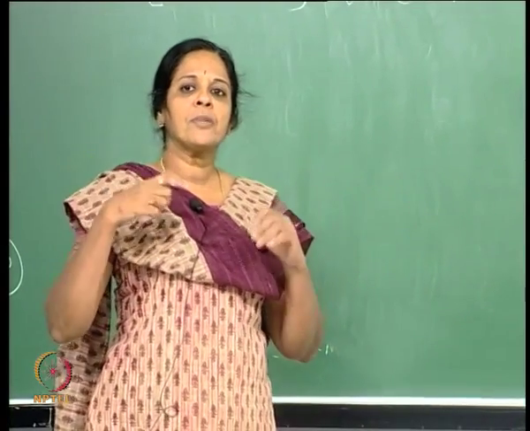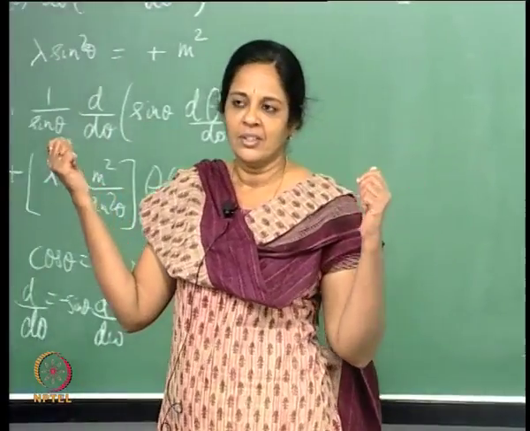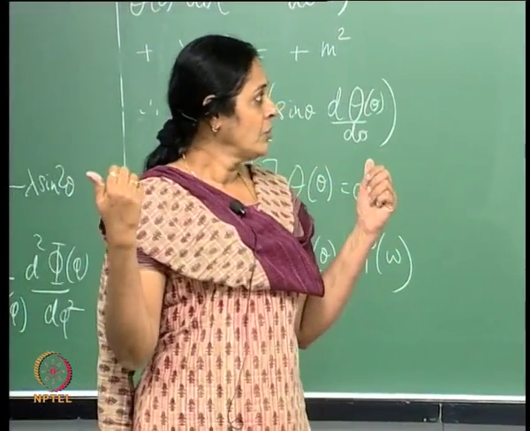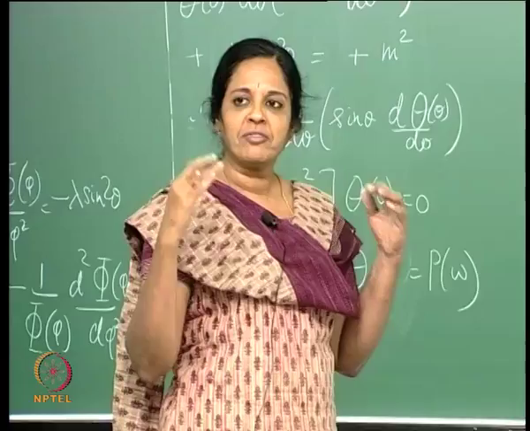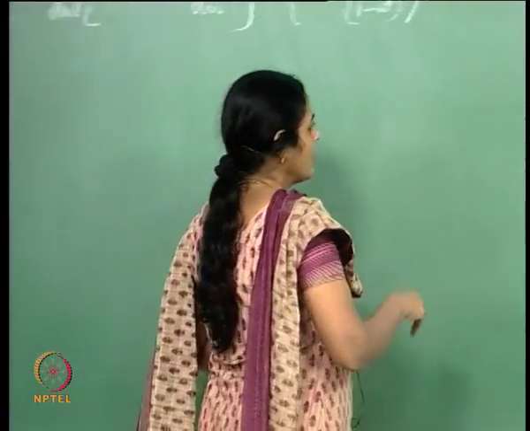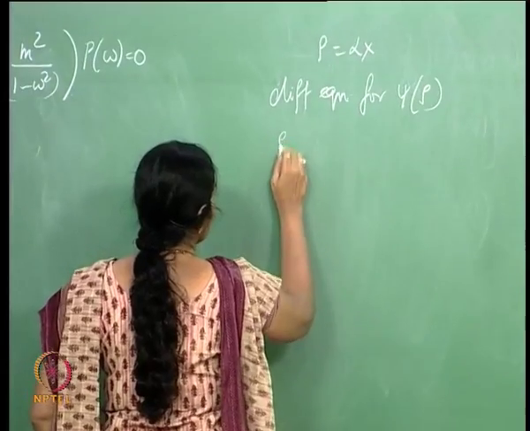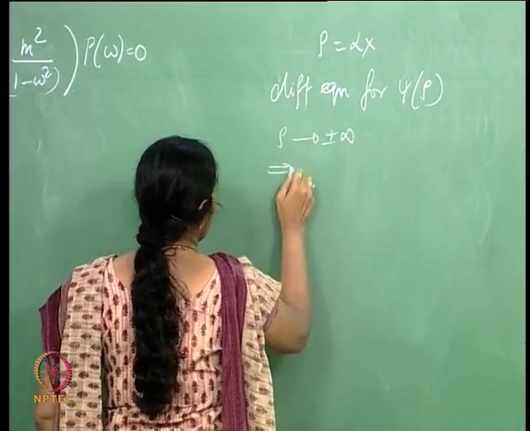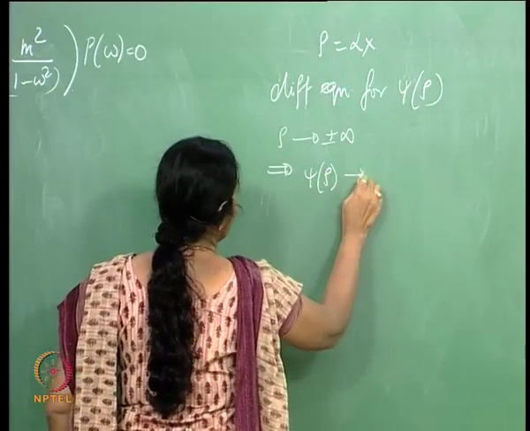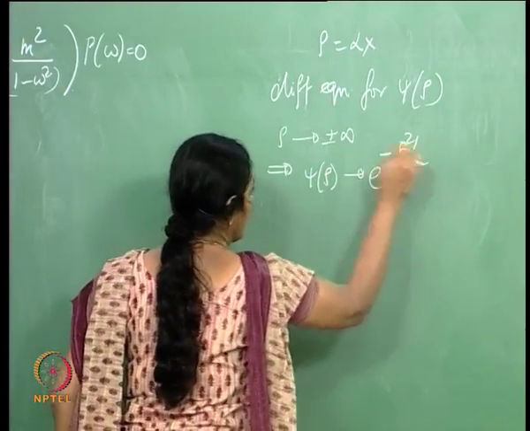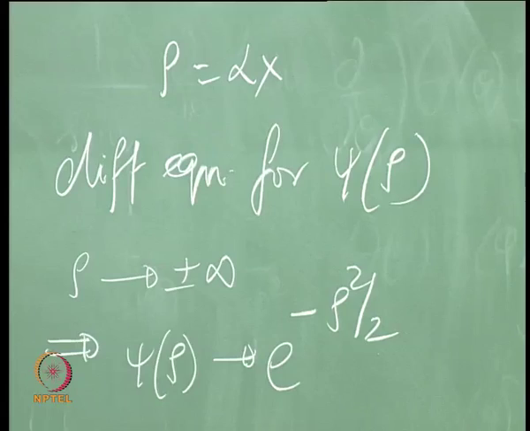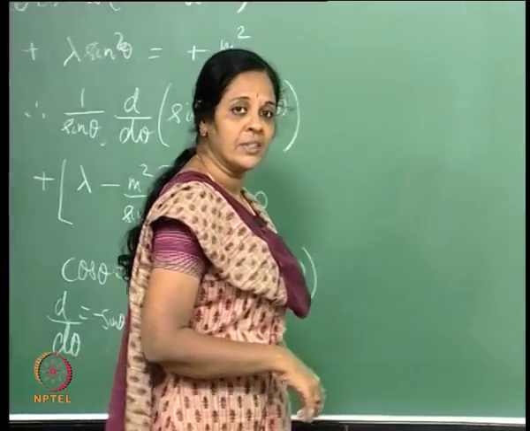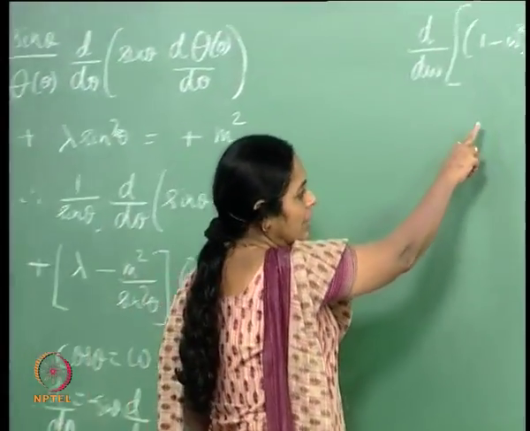That means what happens when x goes to plus infinity or minus infinity, which are the limits of x. You want the wave function to be well behaved asymptotically. So, the asymptotic form, rho going to plus minus infinity, implied that psi of rho went as e to the minus rho squared by 2. So, the Gaussian form was determined by looking at what happens when x or equivalently rho go to plus minus infinity. I do the same thing here.